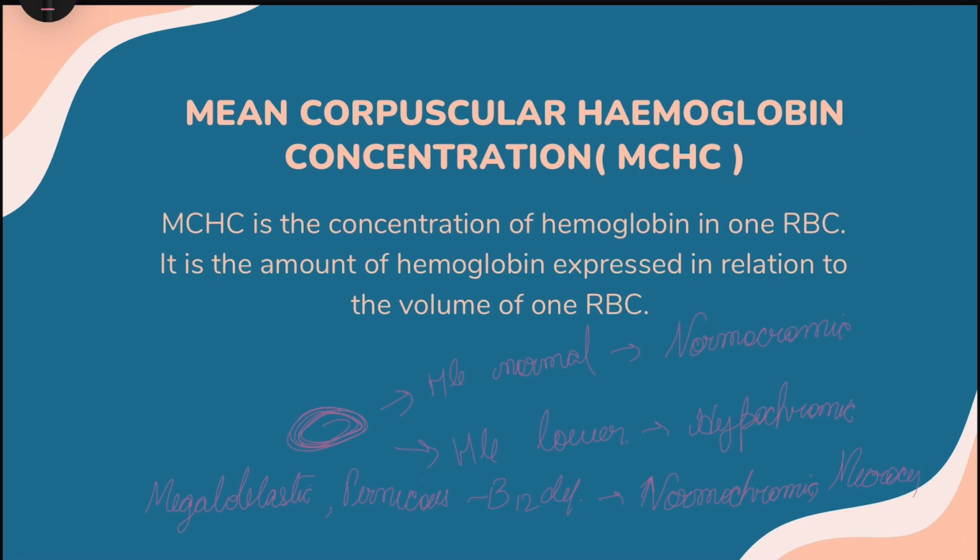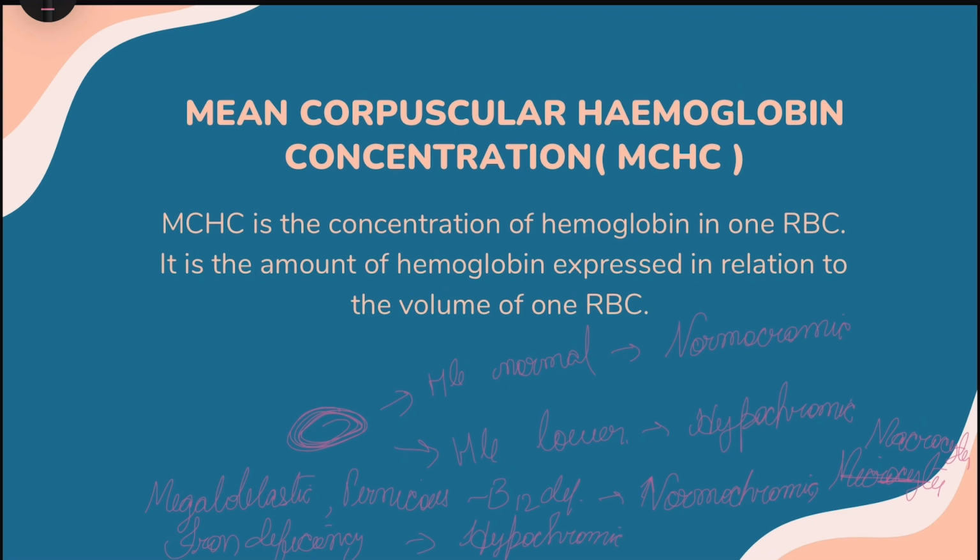I will be explaining the terms microcytes and macrocytes now. And also in iron deficiency, the cells are hypochromic. Sorry, in megaloblastic and pernicious anemia, it will be normochromic and macrocytes.